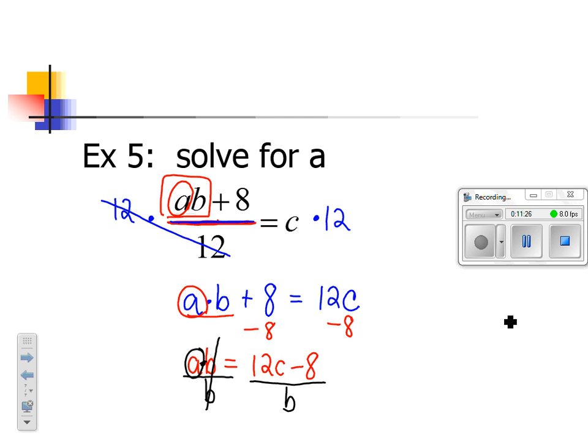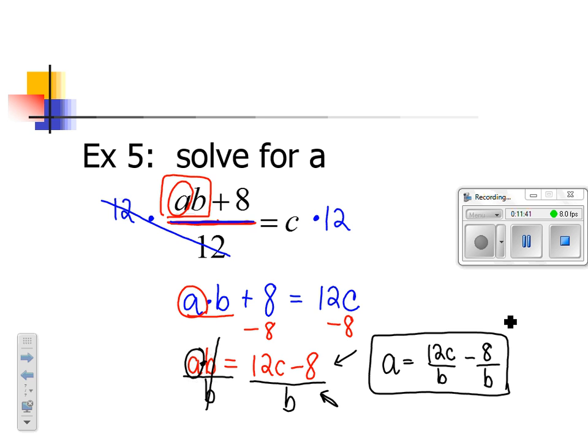And on the right, again here we got two terms being divided by B. So 12C divided by B, subtract 8 divided by B. And that would be our final answer, getting A alone and solving for A.